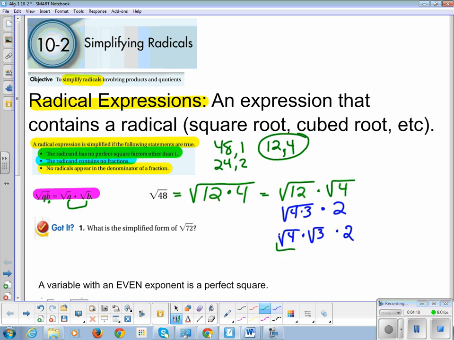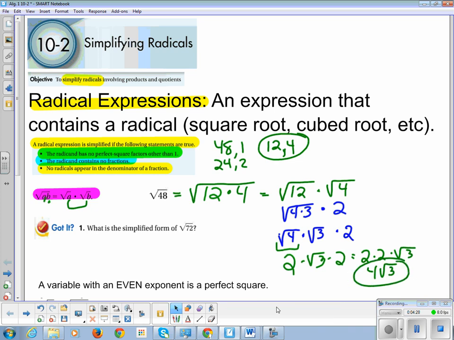We know that the square root of 4 is 2. So let's shuffle this around so that my 2 times 2 are right next to each other and my square root is second. So now I have 4 times the square root of 3 is the simplified form of the square root of 48.